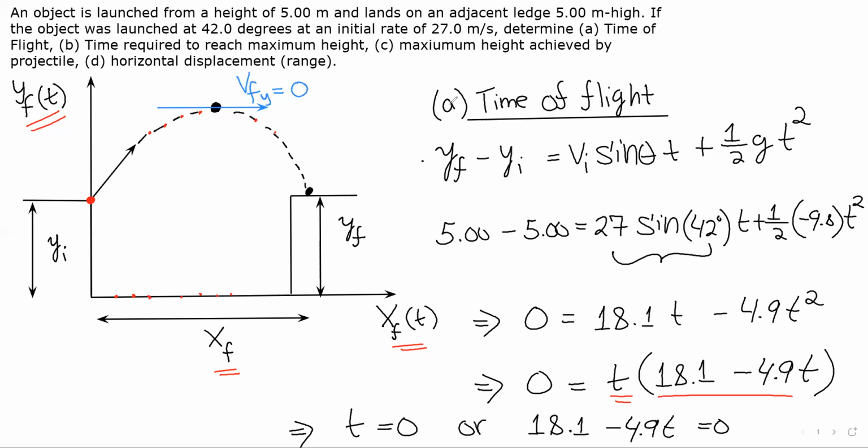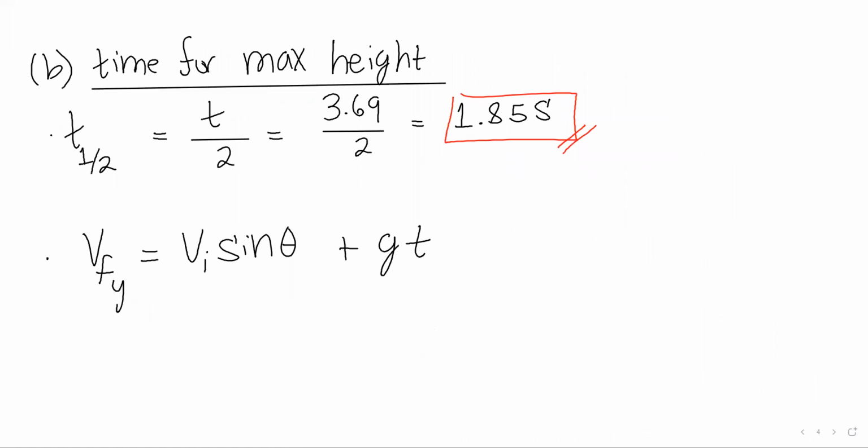So again, this only occurs at the vertex. So if you use that fact, you can find the corresponding t value at the vertex. Specifically when velocity is 0 in the vertical direction, we have the time at the vertex.